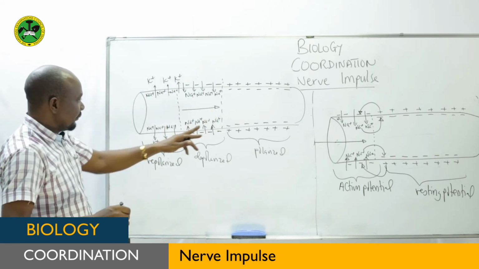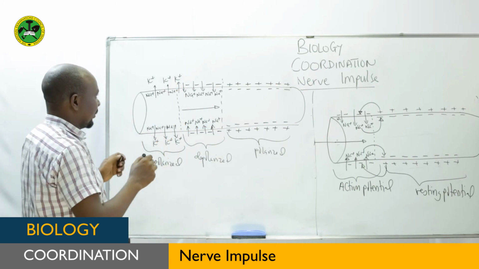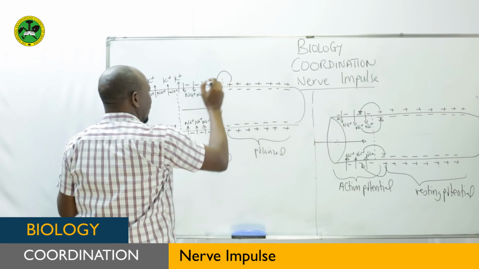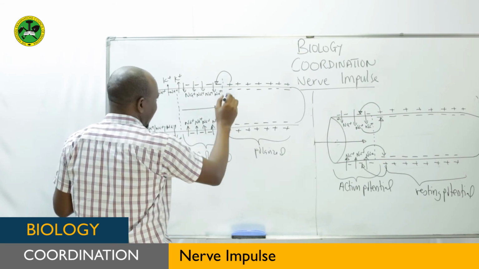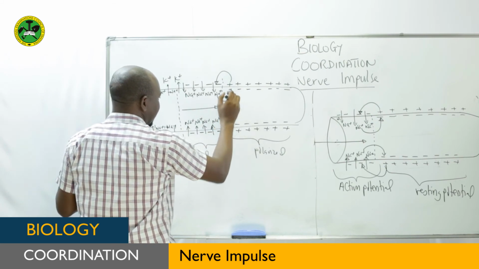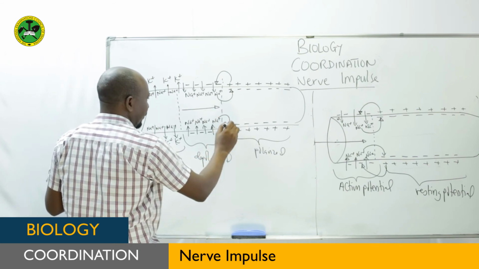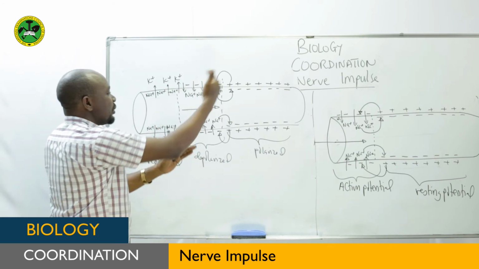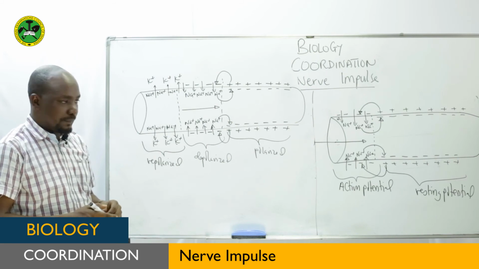But in the area where the action potential occurs, there will also be a creation of the local circuit. The local circuits are created. These local circuits induce a stimulation of the neighbor axon piece.